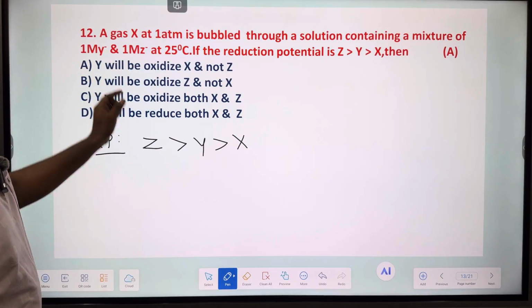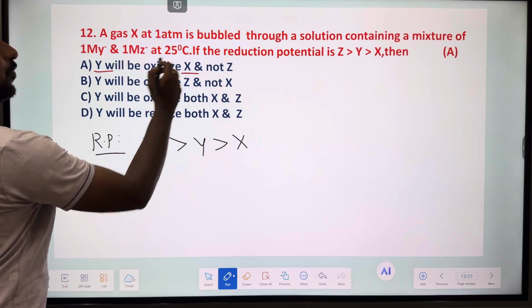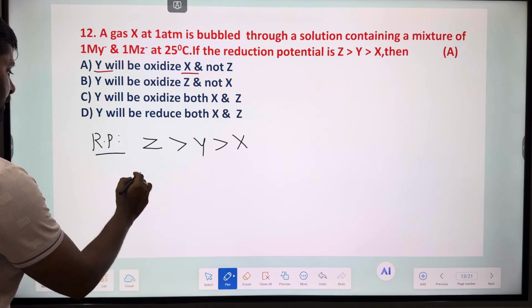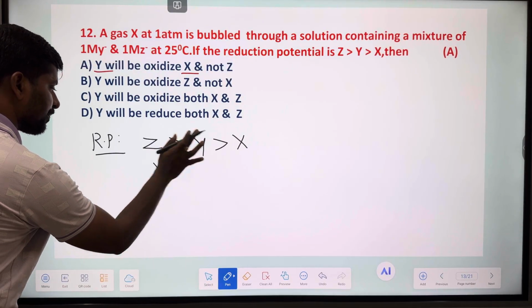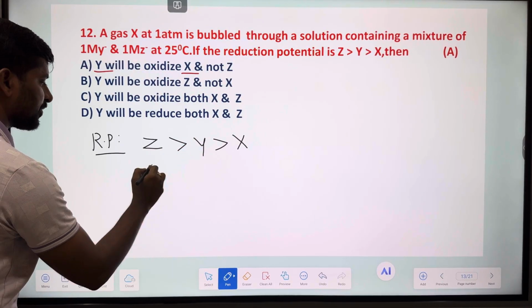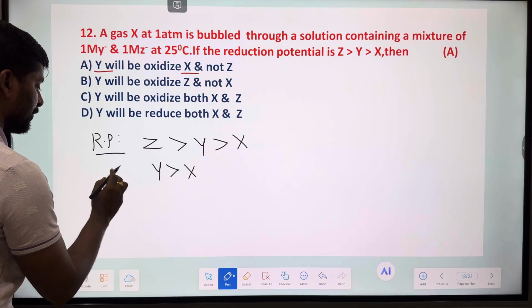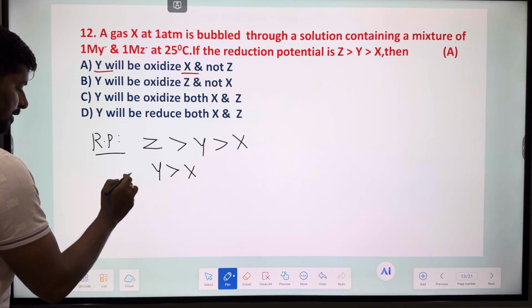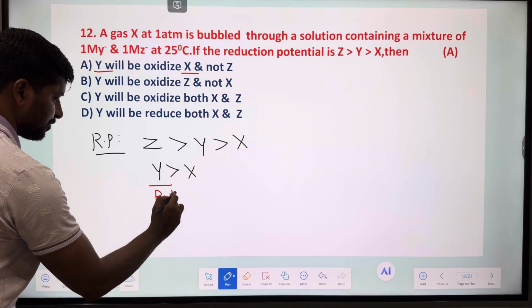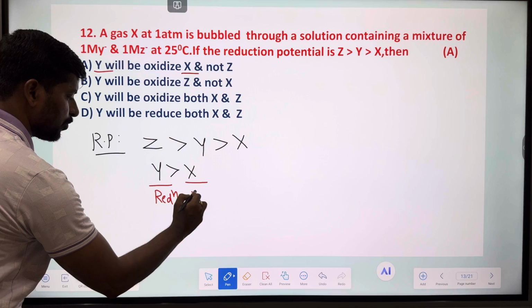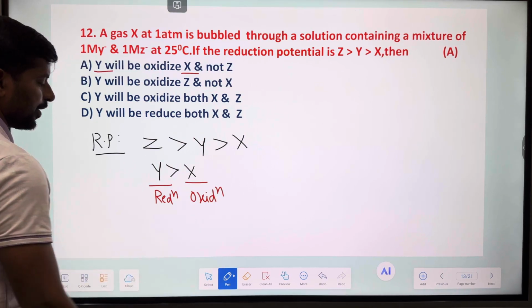Comparing Y and X, Y's reduction potential is more compared to X. So Y undergoes reduction and X undergoes oxidation.